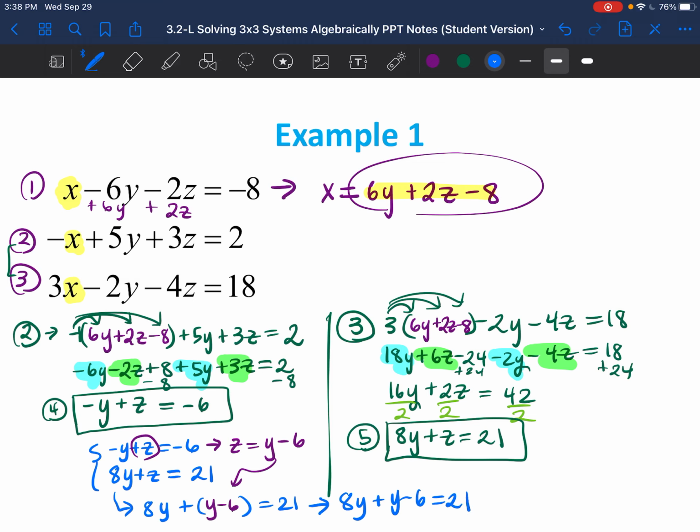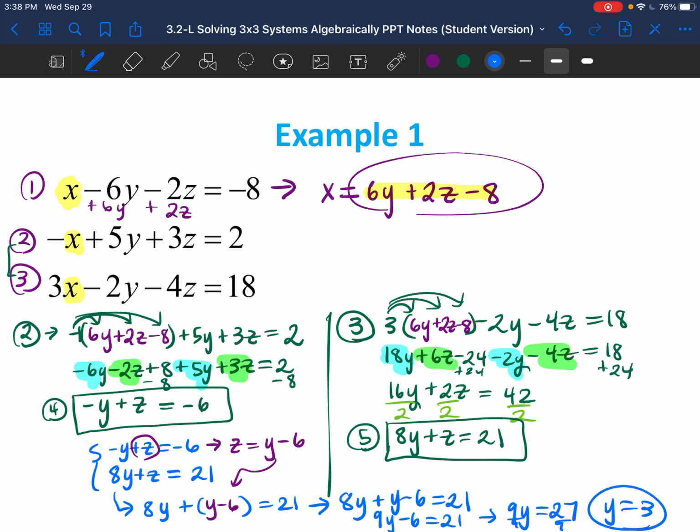So we can go ahead and combine our like terms, which is 9y. Move the 6 to the other side by adding 6. Divide by 9. And I have y equals 3.